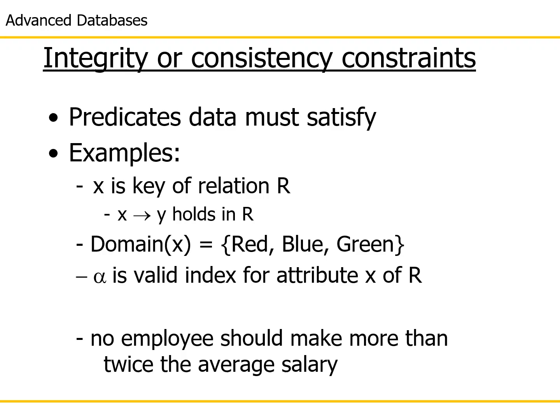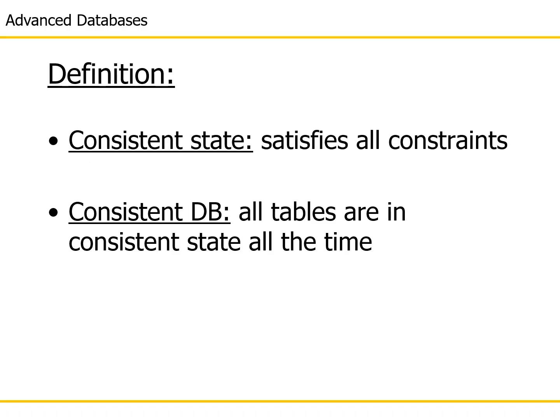Okay, so all these features exist in the relational world, or in SQL to be more specific, to try to maintain consistency of the data. Now this brings us to the notion of consistency. When I talk about a consistent state of a database engine, I mean that the data satisfy all the constraints that were encoded.